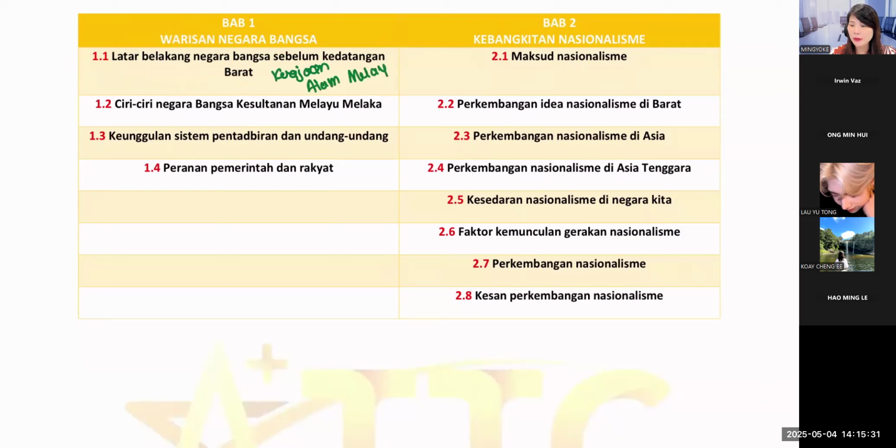Remember Kerajaan Alam Melayu? Got 4 fakta. When you see 4 fakta, each of it has huraian, right? So it can actually come out in structure, even essay, because with 4 fakta plus huraians, you can become 8 marks. Correct?